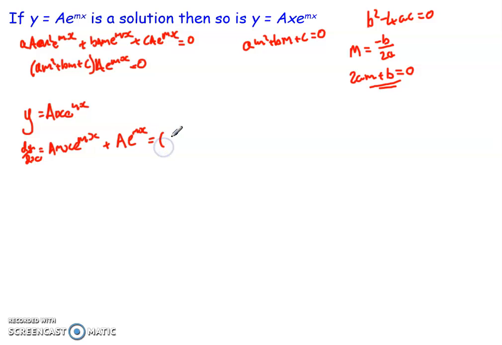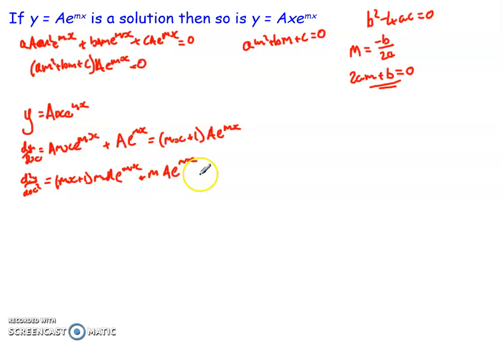Factorise it, and I'll end up getting mx plus 1 times ae to the mx. Take the second derivative, so d2y by dx squared. What I'll end up getting is mx plus 1 times mae to the mx, then plus the second part of my derivative, which is the derivative of the bracket, m, times ae to the mx. So there I've got my derivatives.